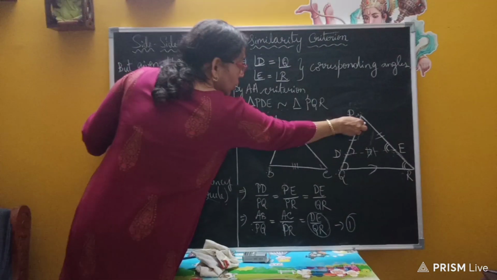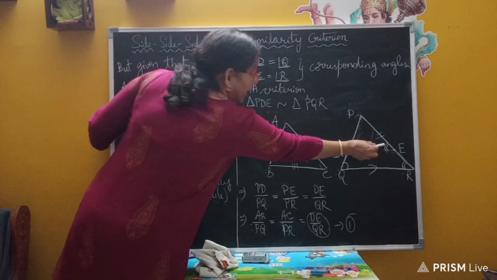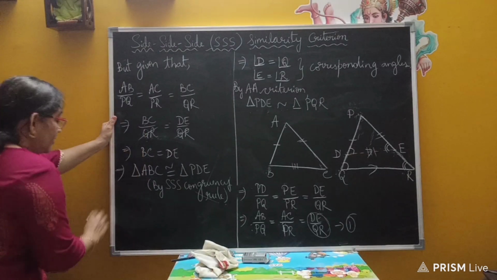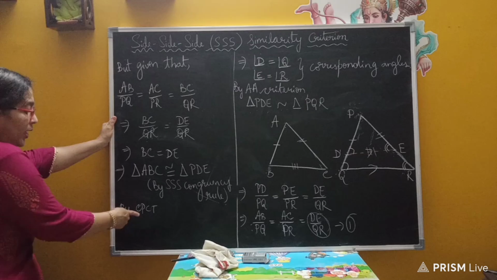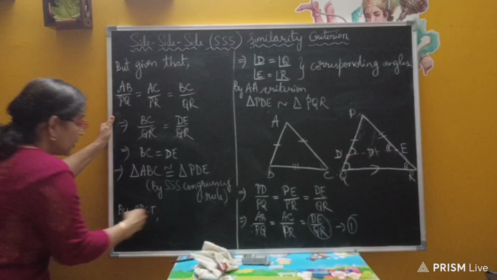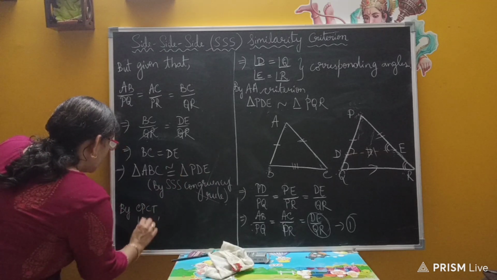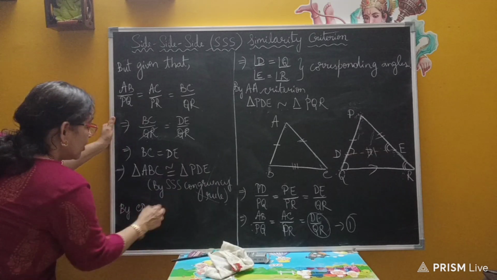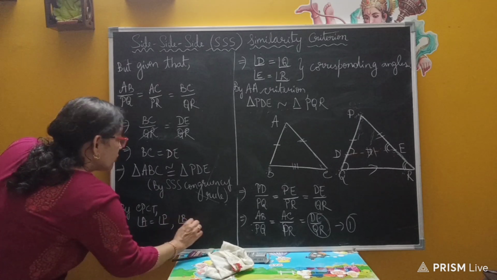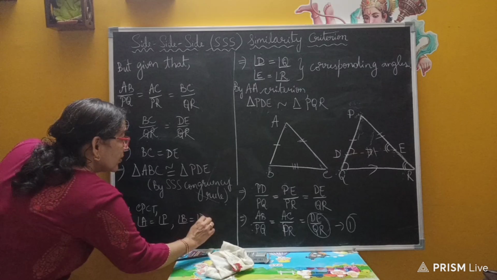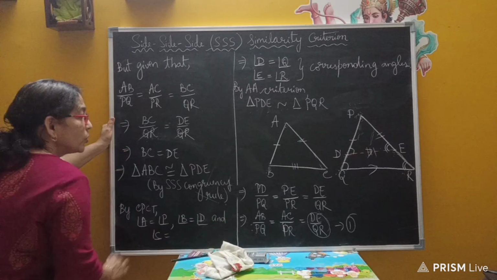Angle A is equal to angle P, angle B is equal to angle D, and angle C is equal to angle E. So by CPCT, corresponding parts of congruent triangles, we write: angle A is equal to angle P, angle B is equal to angle D, and angle C is equal to angle E.